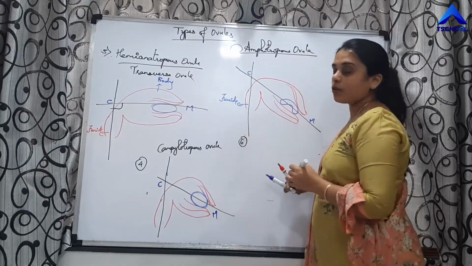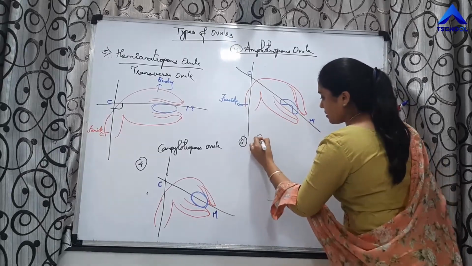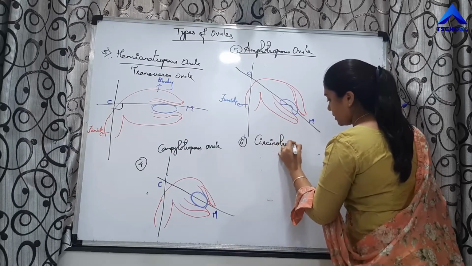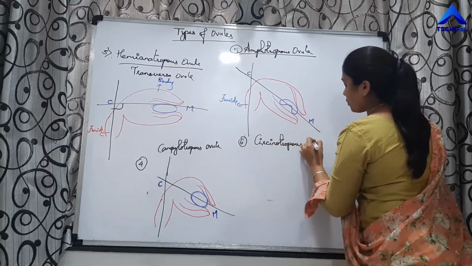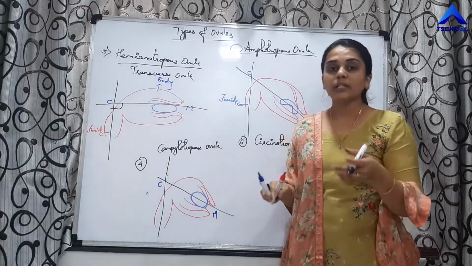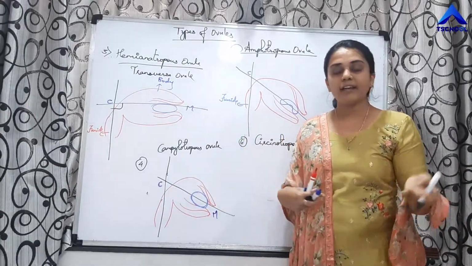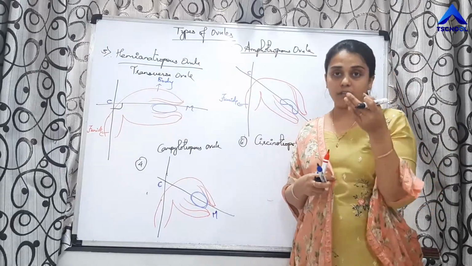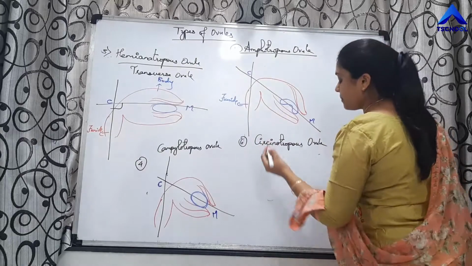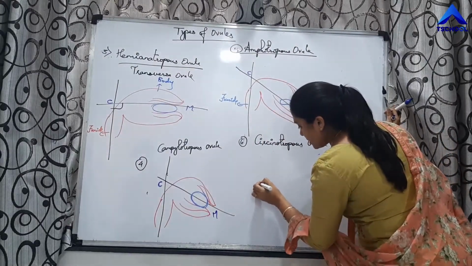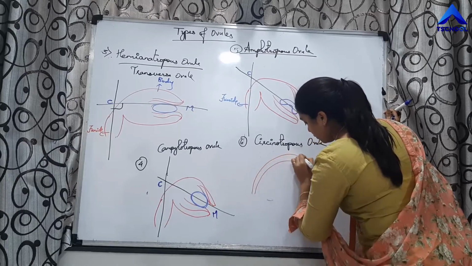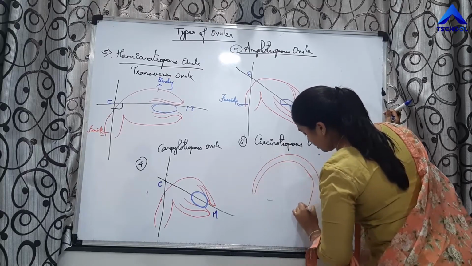And the last ovule is circinotropous ovule, right? The funicle of this ovule is elongated and it makes a complete turn. So actually the body of the ovule is an upright ovule. Let me draw it first. So this is the funicle of the ovule, which is an elongated structure.